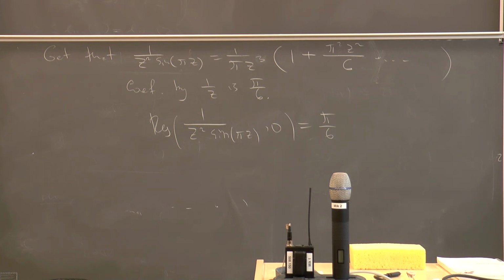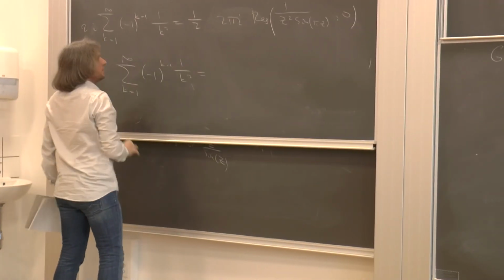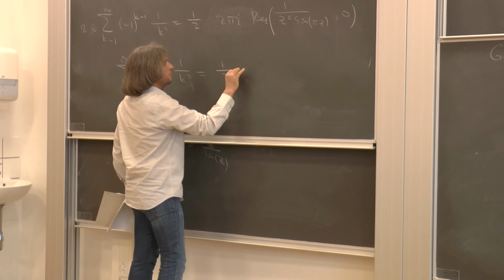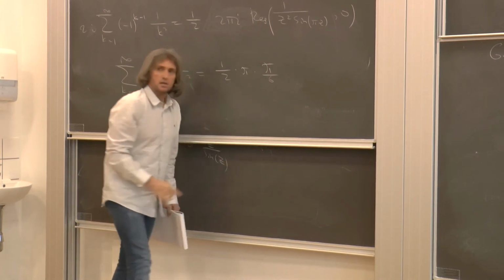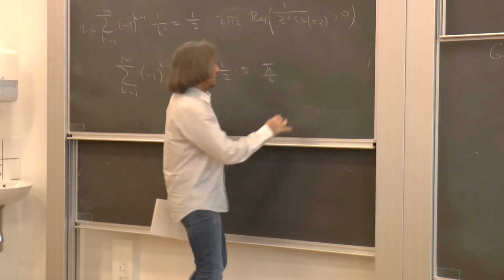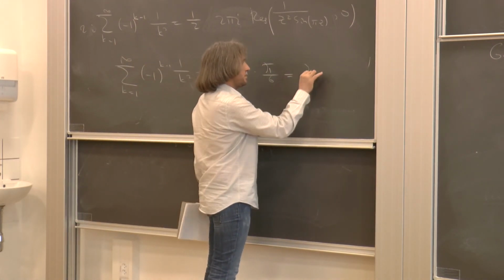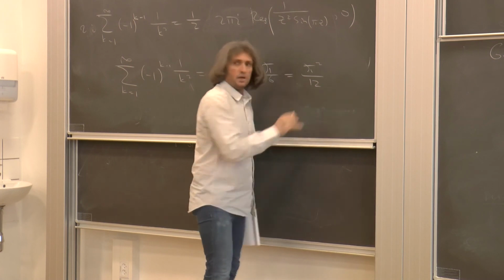So I get the sum we're interested in. The 2i cancels out with this 2i, so it's 1/2 times pi over 6. So in the end, it's pi squared over 12.